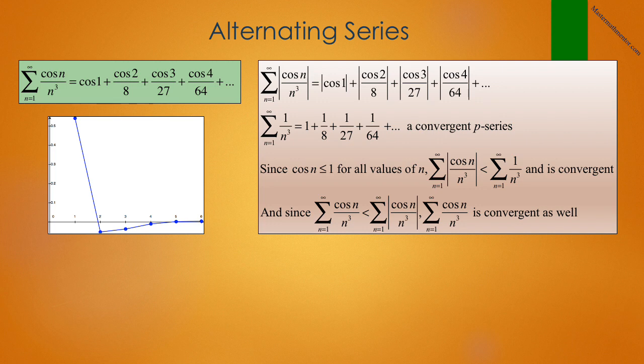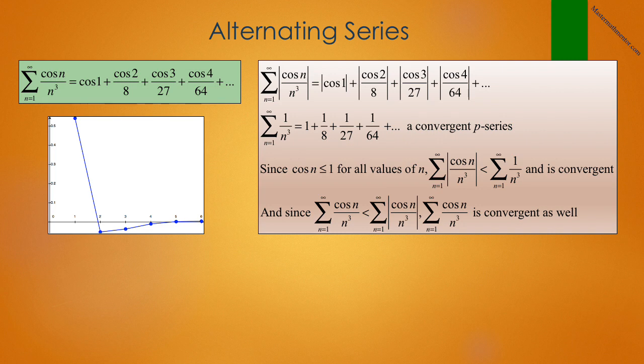By the direct comparison test, the absolute value of cosine of n will always be less than or equal to 1 for any value of n. Therefore, the summation n equals 1 to infinity of the absolute value of cosine n over n cubed must be less than summation n equals 1 to infinity of 1 over n cubed, and therefore must be convergent as well.